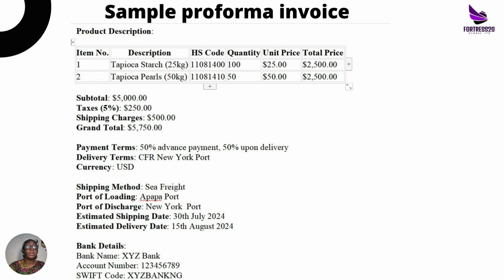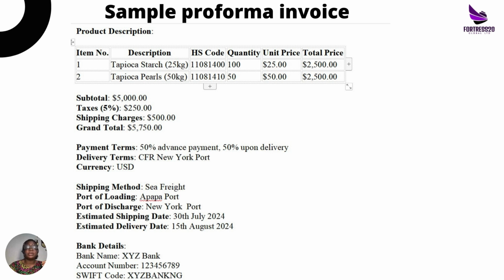The delivery terms, Incoterms CFR at New York Port, that's where it's going to be delivered. Remember, we talked about the currency that the transaction is going to be transacted in. In this case, it is the US dollar. The shipping method here is by sea. The port of loading is Apapa Port.